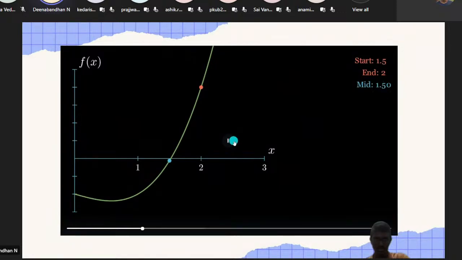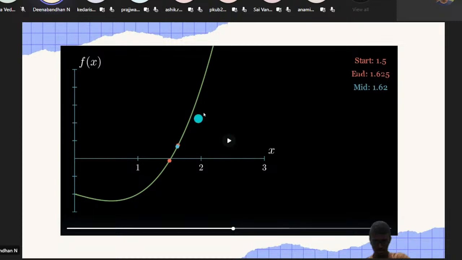Now what is the mid value? It is 1.75, this orange point, and you can see that it is in the positive y direction, above the x-axis. So you should replace the end point with this one. Now end becomes 1.75, and the midpoint becomes somewhere around 1.62.